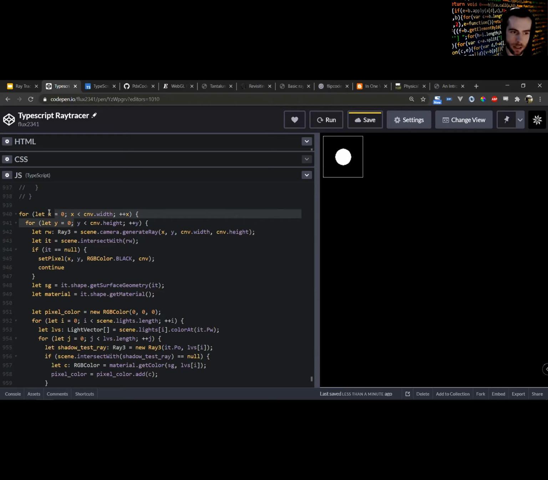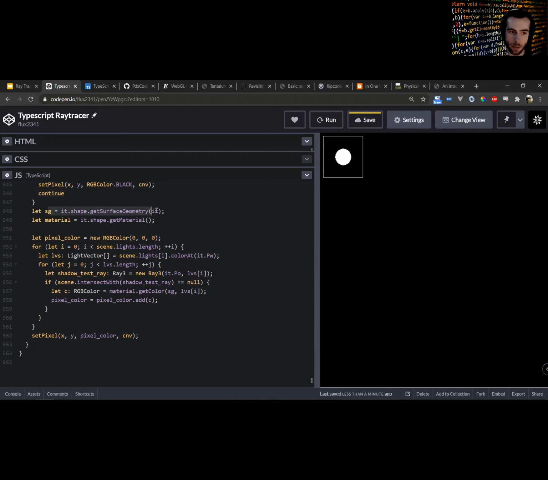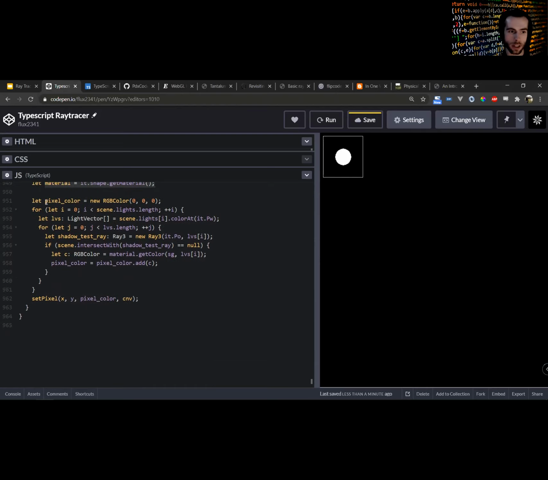So here, very similar, we're iterating over the X values, iterating over the Y values, generating a ray. And here we're finding the intersection of that ray with an object in the scene. And if it's null, we set the pixel to black and then continue, just go to the next loop. And if it's not null, then we get the surface geometry from the shape. We get the material from the shape.